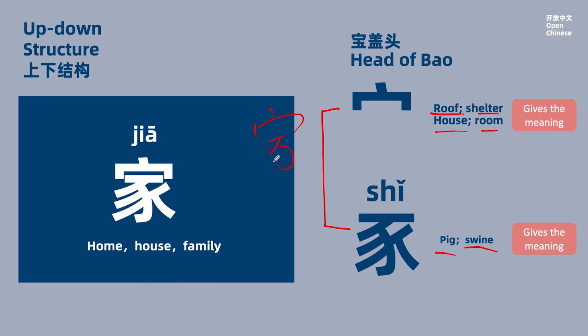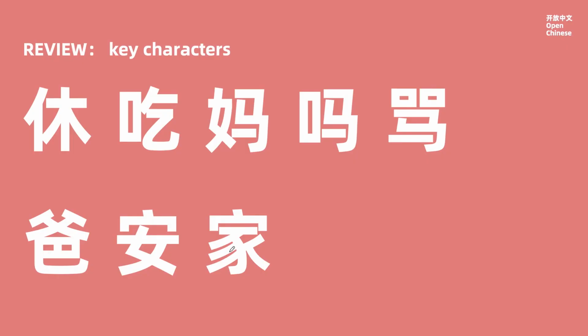We have a pig within the house. We have a pig under the roof. That is a family. For the agricultural Chinese in ancient times, to have a pig, to have a roof, that is a family. The roof can provide shelter and the pig can provide food. So when you have shelter and food, you have family. 家 meaning family.